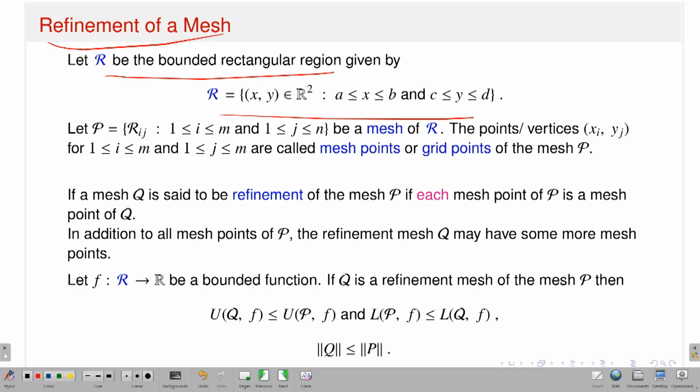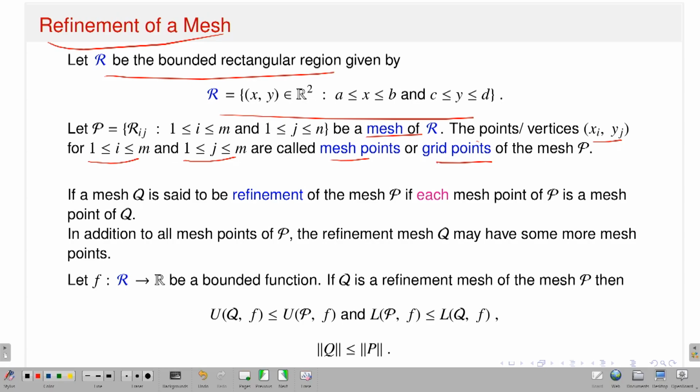Now you take a partition P. Partition P means you take a partition of your interval [a,b] and a partition of your interval [c,d], and take a cell Rij, which I already discussed, which is nothing but the cell [x_{i-1}, x_i] cross [y_{j-1}, y_j]. If this is a mesh of R or partition of R, the points or vertices (x_i, y_j), i from 1 up to n and j from 1 up to m, are called the mesh points or grid points.